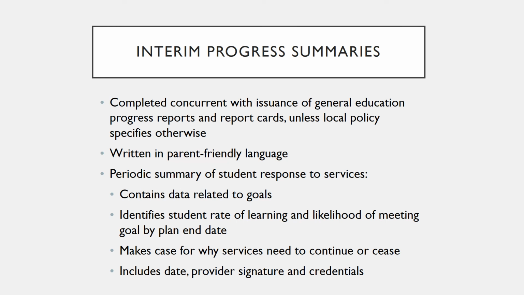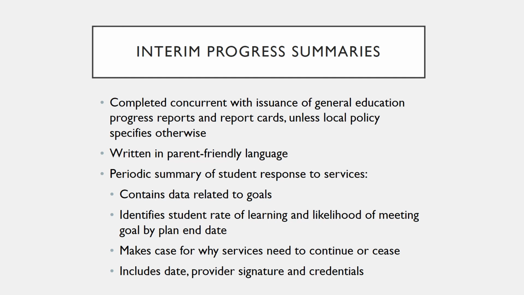ensure students will respond. And so we encourage, like with the IEP process, that any plan type progress summaries go out with the issuance of general education report cards unless a local policy specifies otherwise.